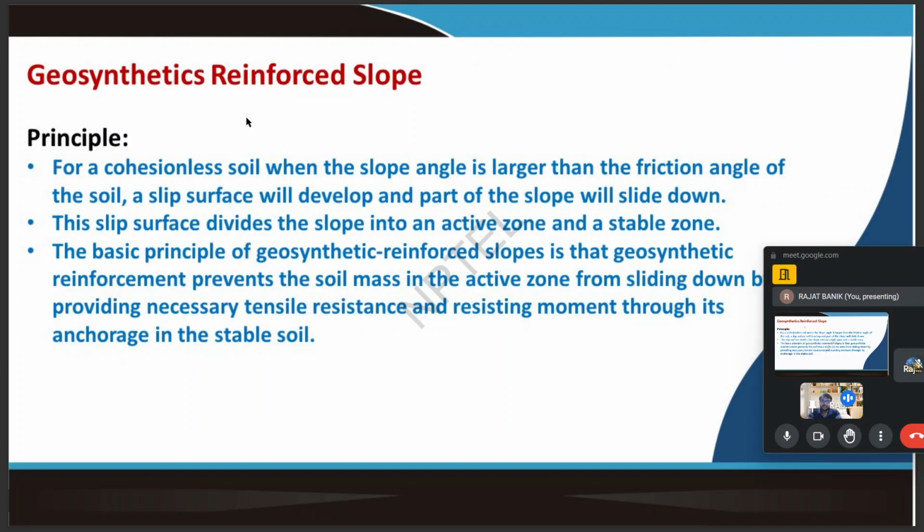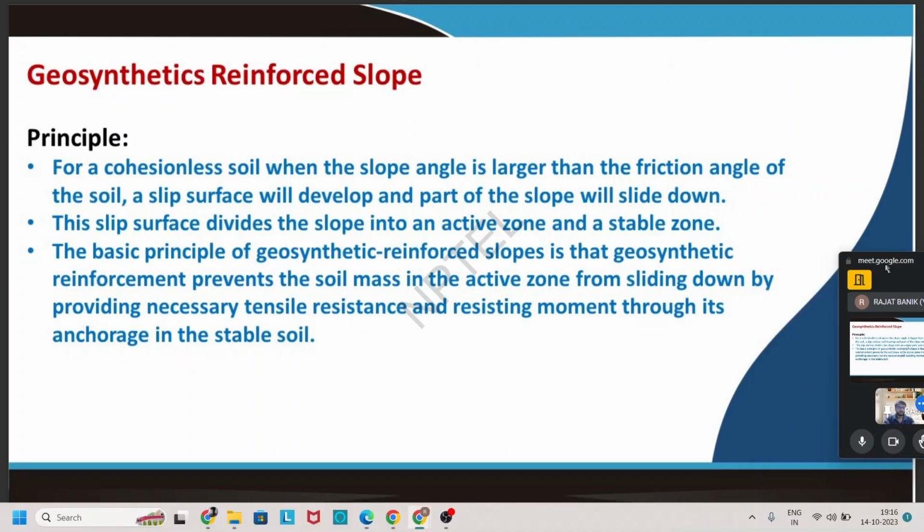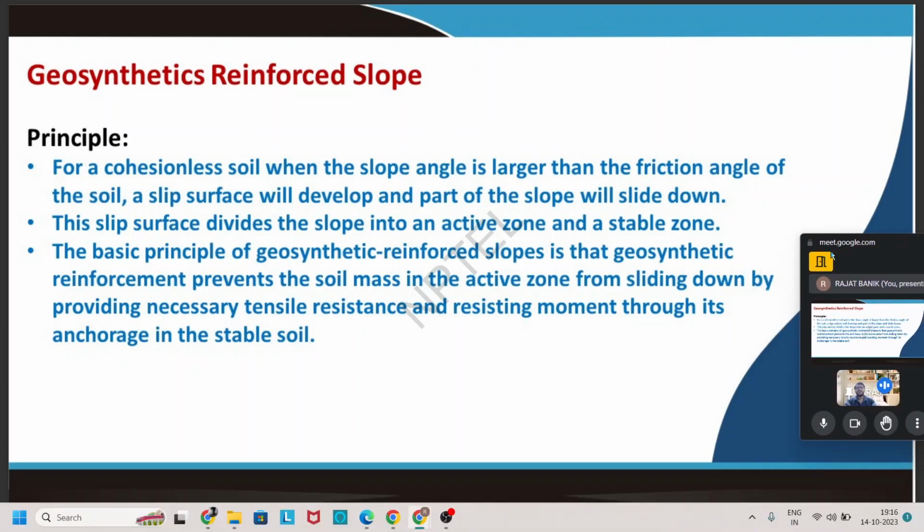The basic principle of a geosynthetic reinforced slope is that geosynthetic reinforcement prevents the soil mass in the active zone from sliding down by providing necessary tensile resistance and resisting moment through its anchorage in the stable soil.